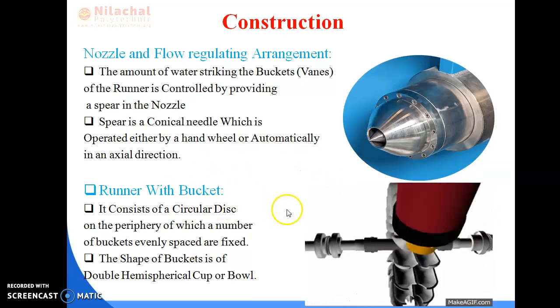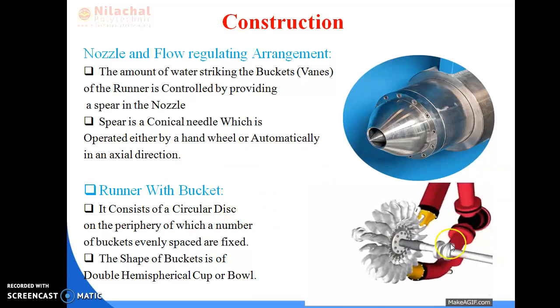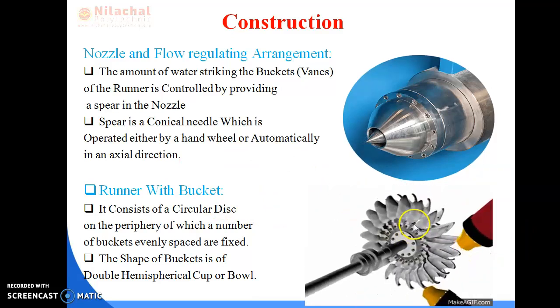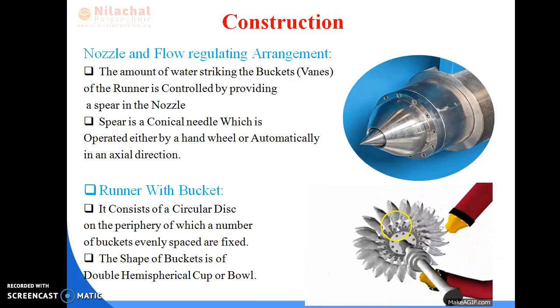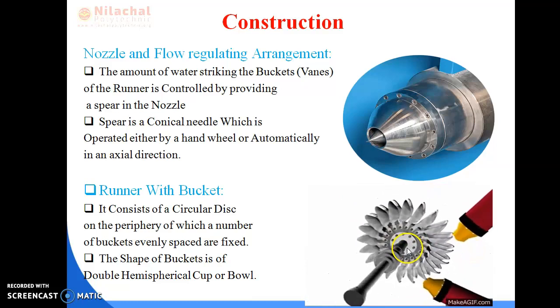Next part is the runner with buckets. As shown in the figure, the buckets are fixed to the runner. The runner is fixed to the shaft.